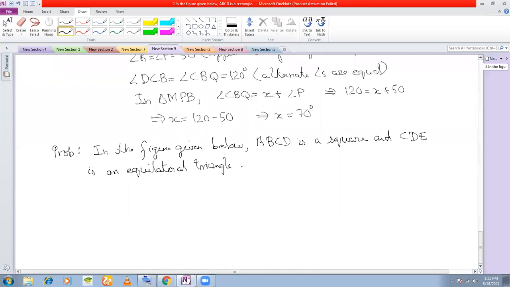The questions are: find number 1, angle AED. Second question is angle EAB. Third question is reflex angle AEC.